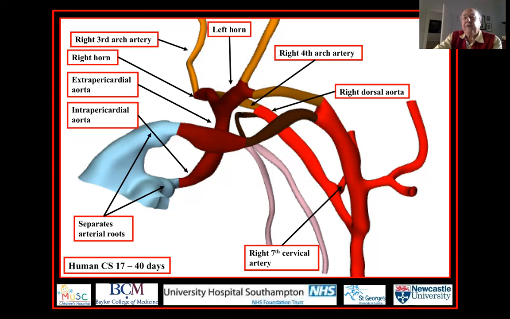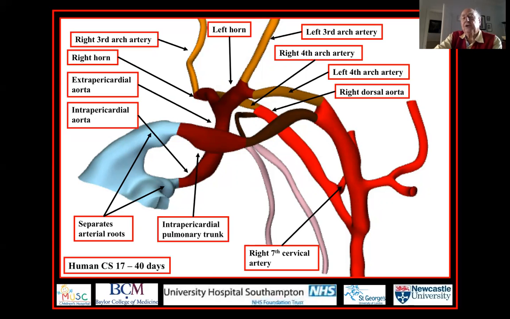If we look at the left horn, that gives rise to the left 3rd arch artery, continues as the left 4th arch artery, and now look what is happening also within the distal extent of the intrapericardial component of the outflow tract, because it has become the intrapericardial pulmonary trunk.